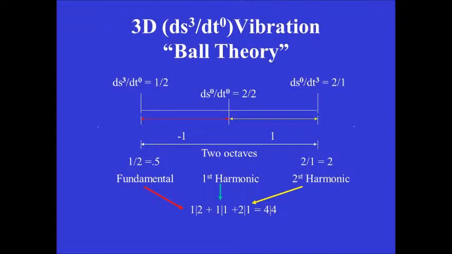Now, when we're talking about 3D vibration, I've facetiously named it, just for this presentation, ball theory, because that's what it would be. If this expansion was three-dimensional, expanding and somehow reversed, it would collapse like a ball, right? And it would expand and collapse and expand and collapse.